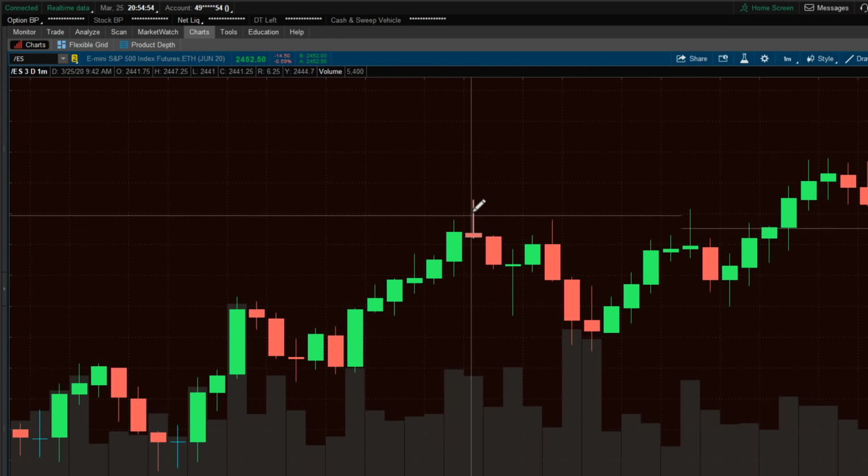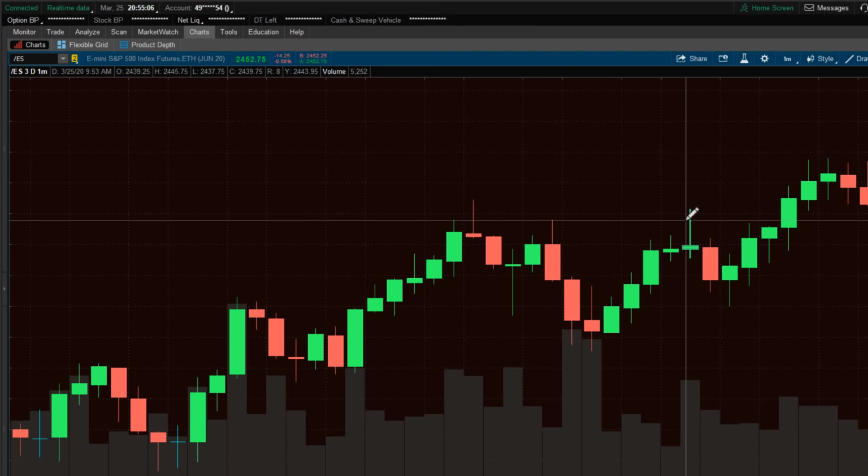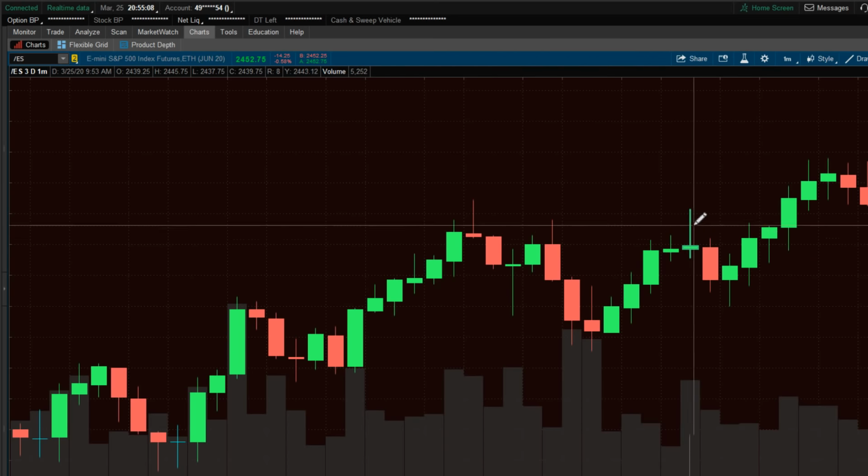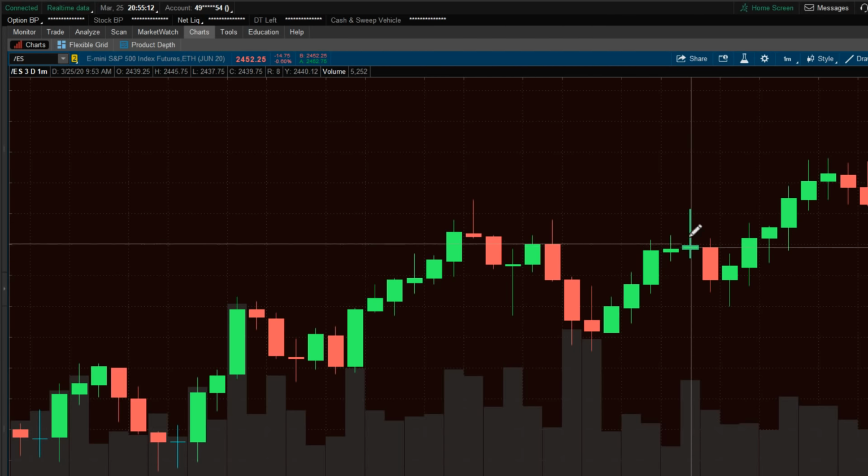You got the big move to the upside, bears pushed it all the way down, and it closed near the lows here. And you get the move down. Here's one that's actually green, but I would still consider that bearish because it closed towards the bottom of the candle.